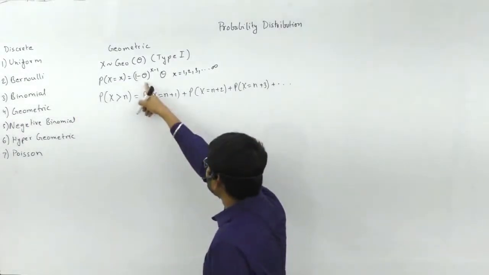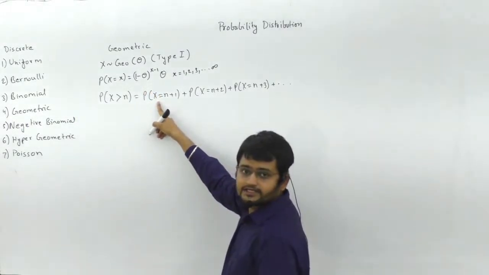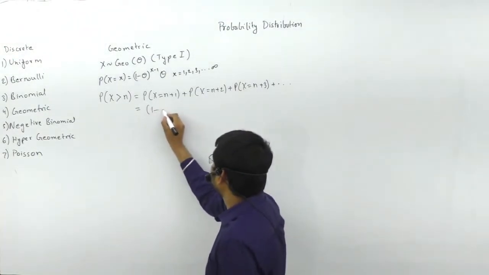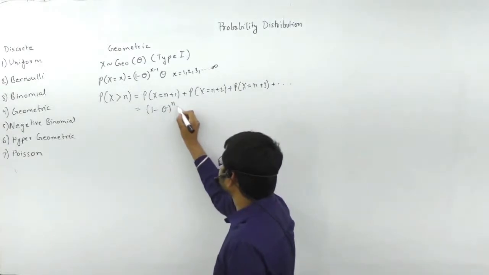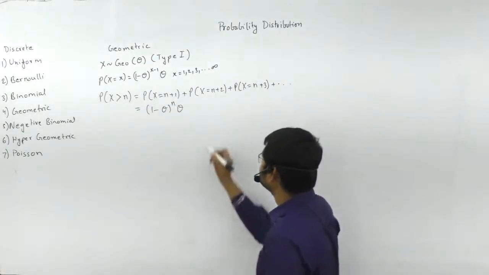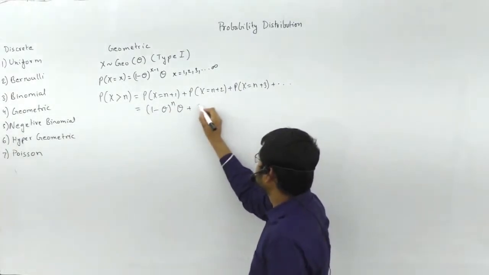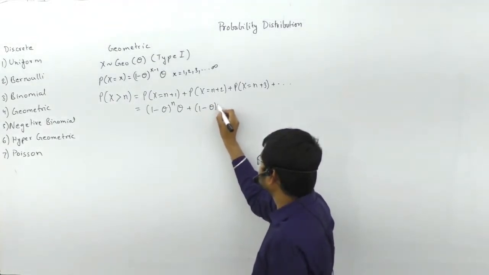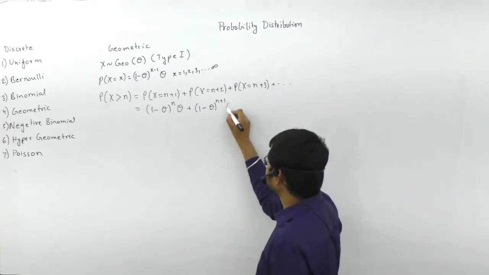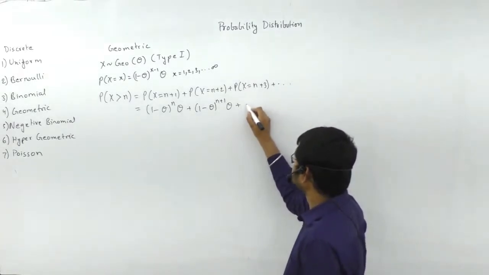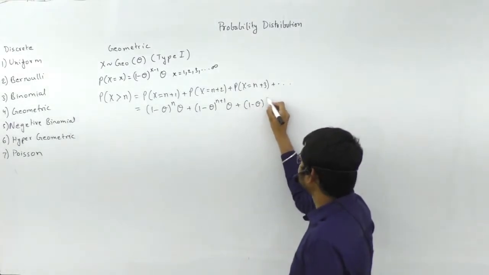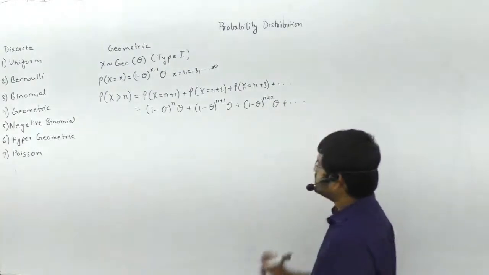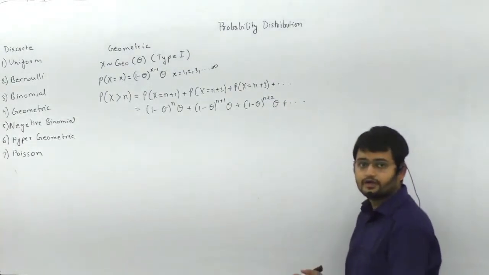So now I can say probability x equal to n plus 1 is nothing but (1 minus theta) raised to n into theta. Then x equals n plus 2 will be (1 minus theta) raised to n plus 1 into theta, plus (1 minus theta) raised to n plus 2 into theta, and so on forever.